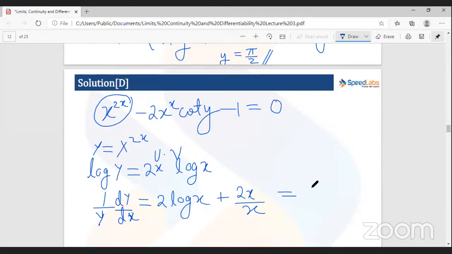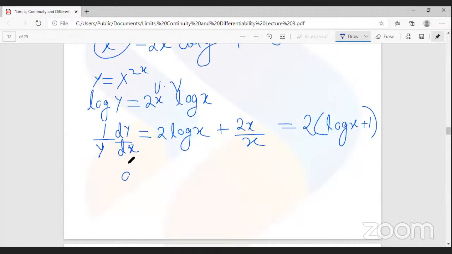Now what do I get is 2 log x plus 1. But here y is also there. So y times (2 log x plus log small x plus 1).